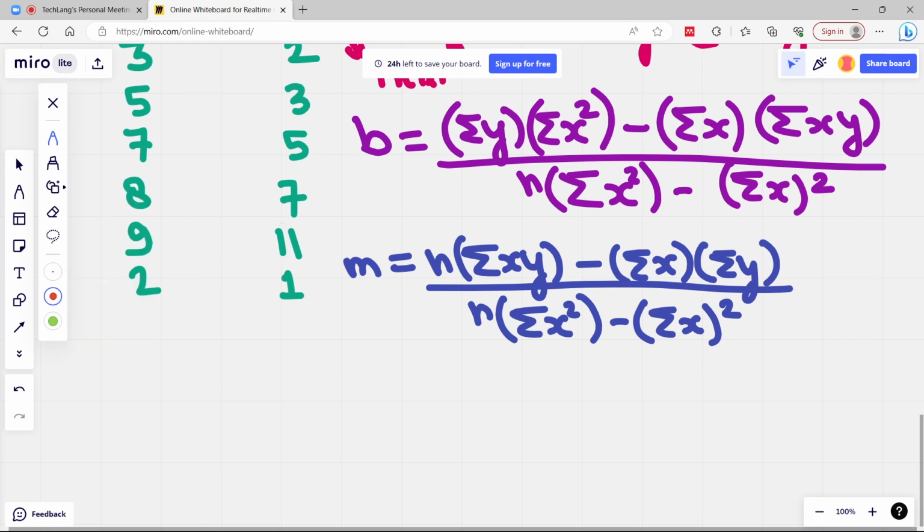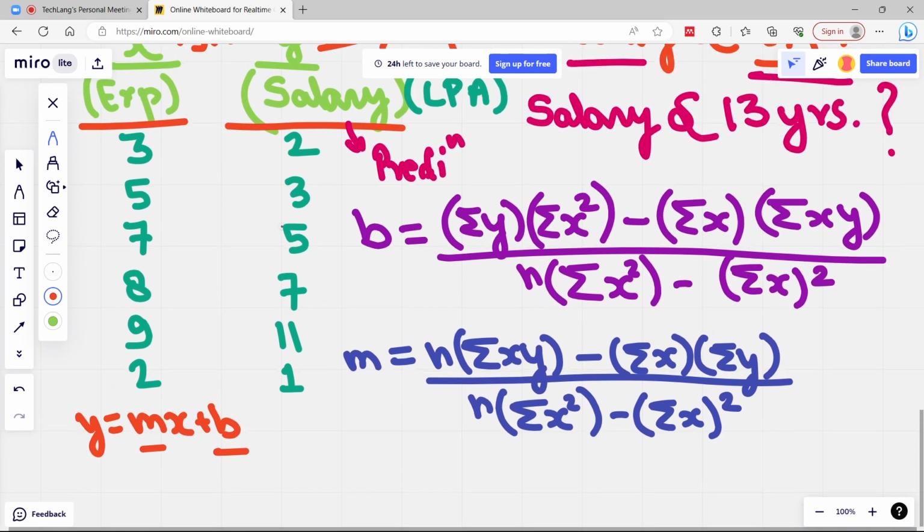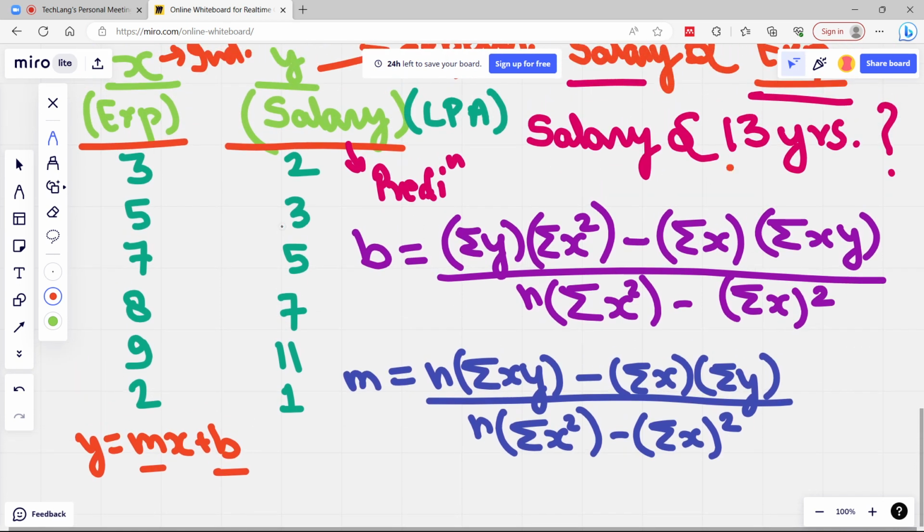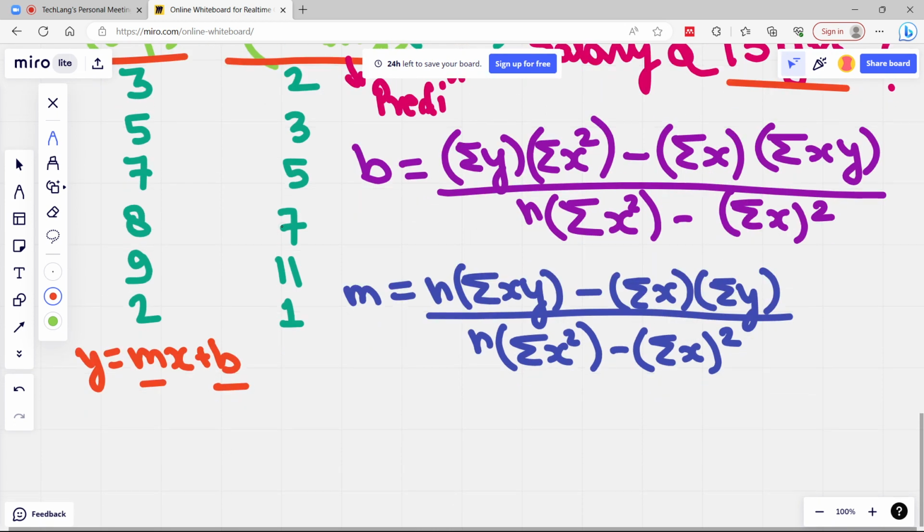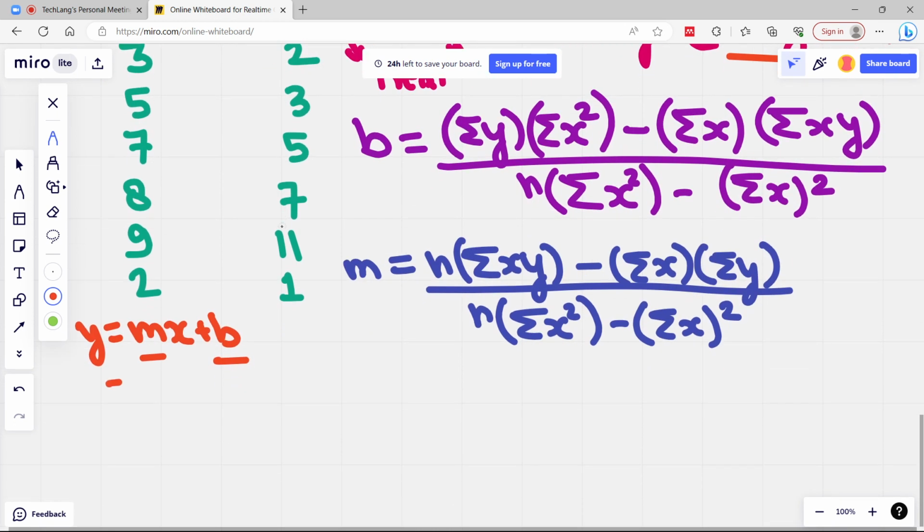We have the formula y is equal to mx plus b. We have this line equation, we had already discussed. Once you know this m value from this formula, once you know the b value from this formula, and I had already put this question, what would be the salary of an employee who has 13 years, which means I have asked you to calculate m times 13 plus b.